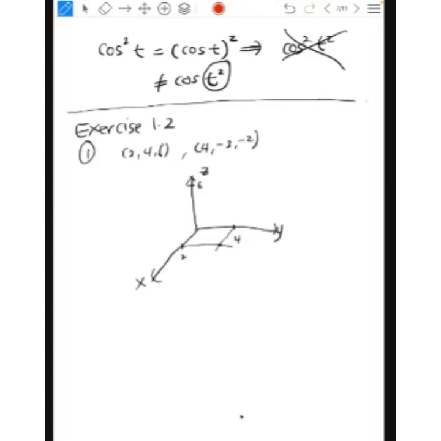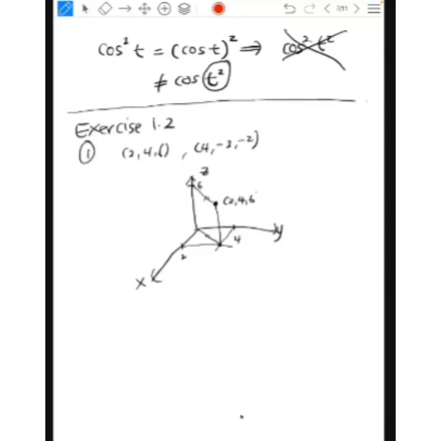This is the point of intersection between x and y. Draw a straight line from the origin to the point of intersection, and bring it upward or downward depending on the value of z. Now z is positive, so it goes upward. Then draw a line parallel to this line, they must be parallel. So this is (2, 4, 6), the first point.